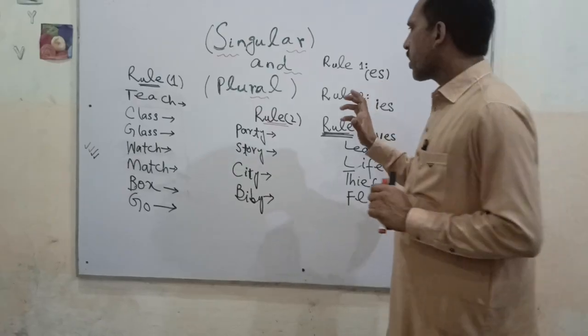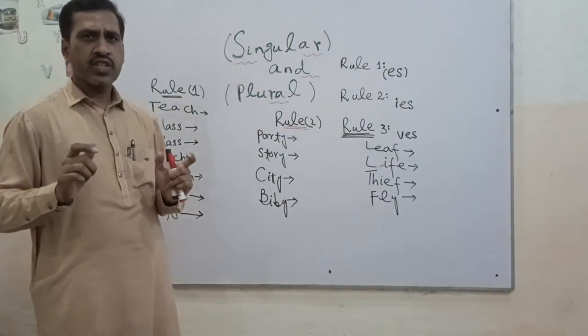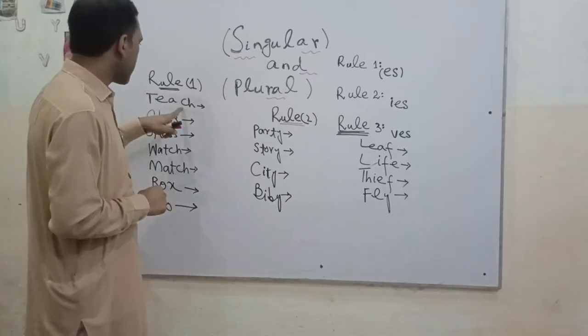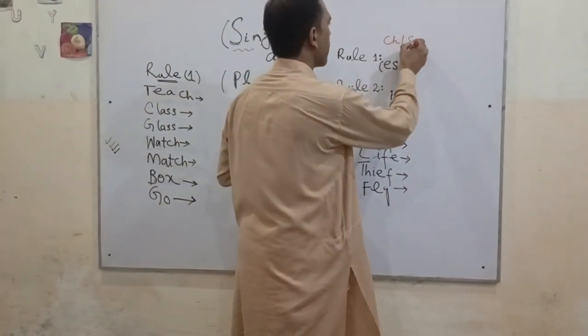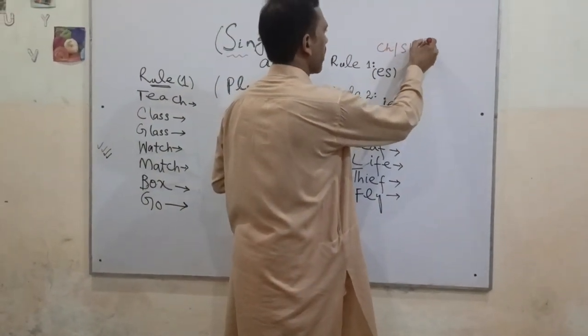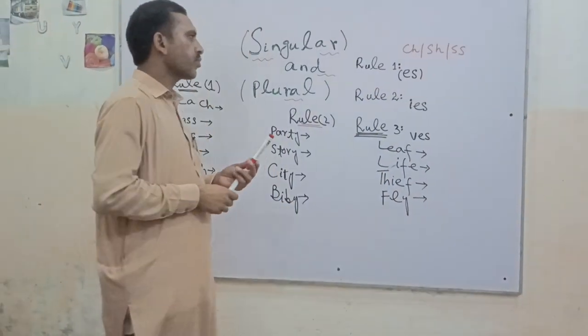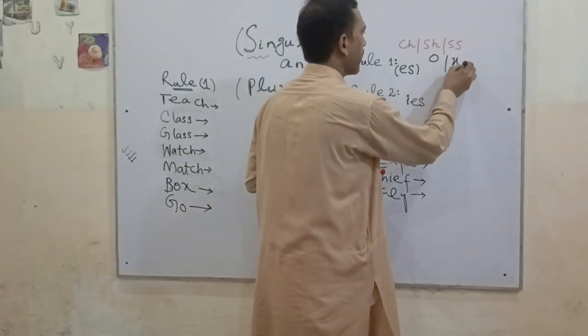Rule number one is that nouns or verbs that end with ch, as well as sh, as well as double s, o, as well as x.